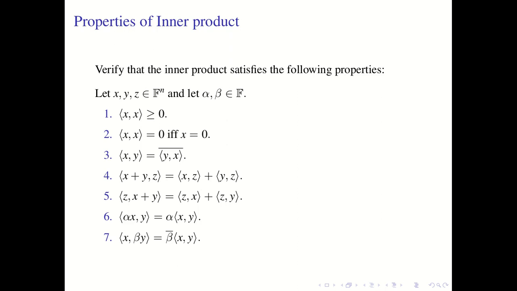Inner product of xx is bigger than or equal to 0, and it is 0 if and only if x is 0. Both these directly follow from the definition. You just apply the definition and what you get are these properties.